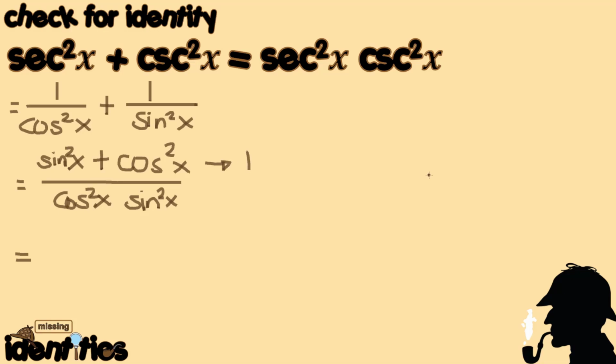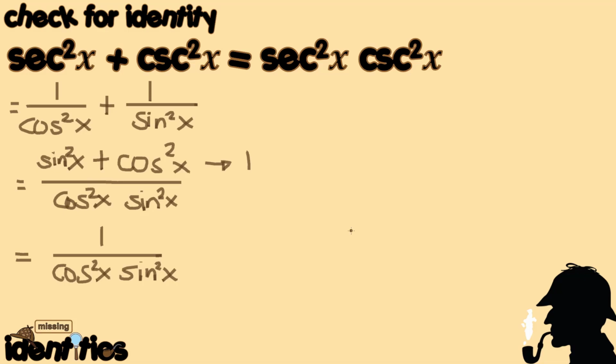That follows the idea of a unit circle, and this is the first Pythagorean identity. That would mean we can simply write it as 1 over cosine squared x times sine squared x.